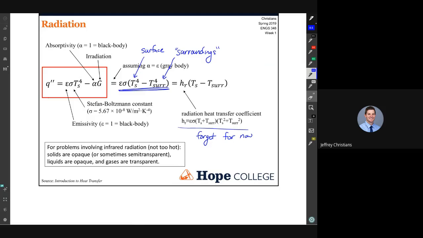So again, some general rules of thumb. Things that are shiny have low emissivity and low absorptivity. So if you view something as shiny, alpha and epsilon are probably low numbers.